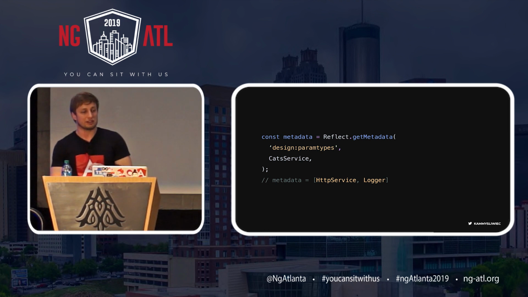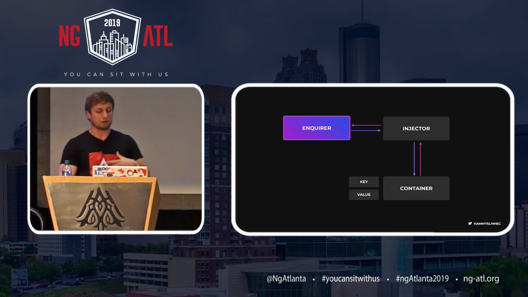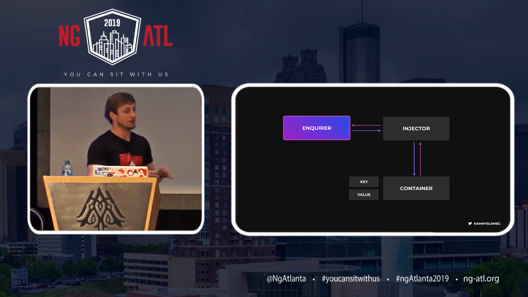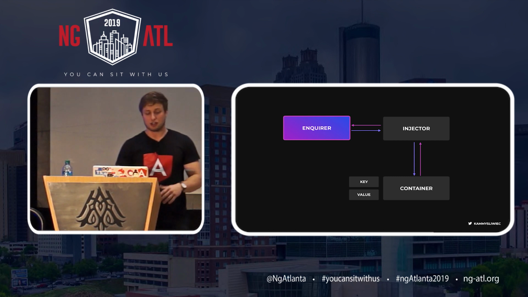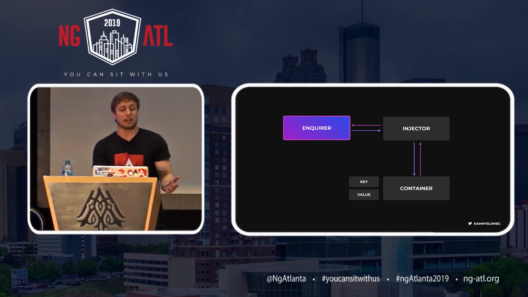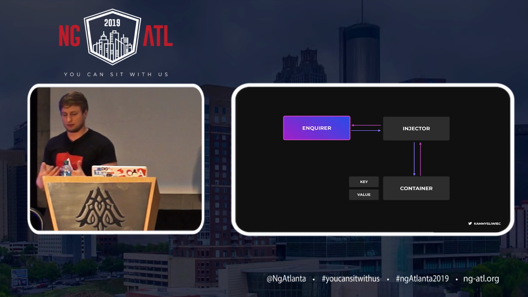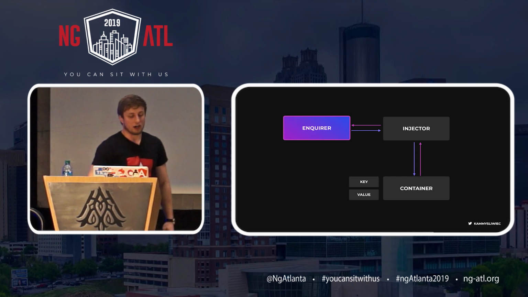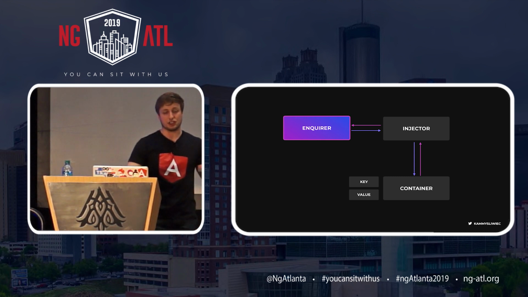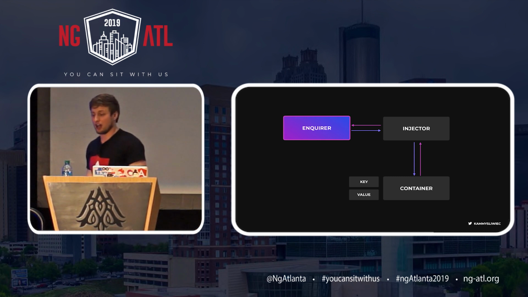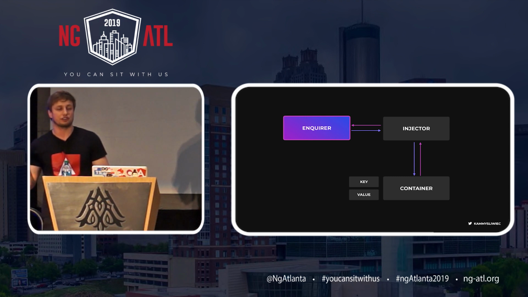And now things become very simple. Let's imagine that we have an inquirer, let's say CatService, that needs these two dependencies. It goes to the injector. The injector asks for both dependencies by type. And the container is maybe a map collection which has a key and value. The key might be a type, while the value is an instance of this type.